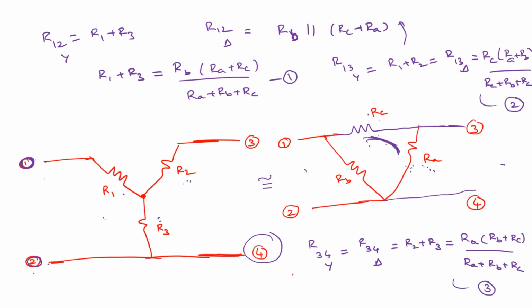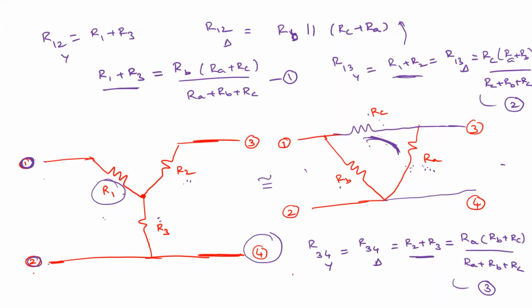So we need to make 3 equations before solving. For example, we want to get this R1 value. How do we obtain the R1 value in terms of RA, RB, and RC? Here R1 plus R3 is already there, R2 plus R3 is there, and R1 plus R2 is there, right? So how do we get this R1 value? Sir, add the first and second equations and subtract the third from it. Yes, that you can do, or you can subtract any two equations.